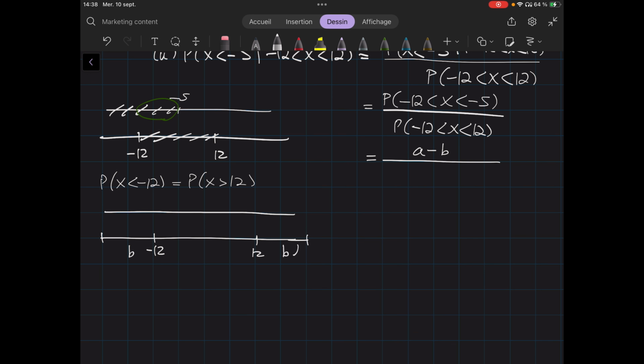From here to here, that's b. The sum of the entire segment is 1. We're interested in the part right in between. Therefore, this probability is going to be 1 minus 2b. And this is the end of b2.